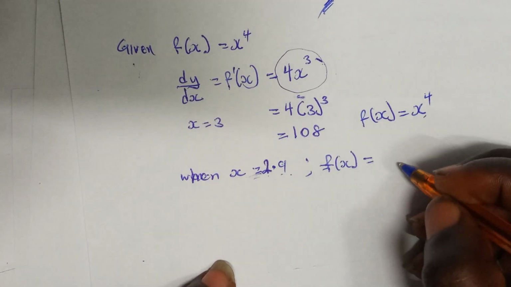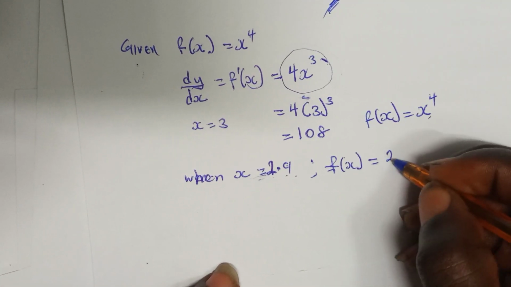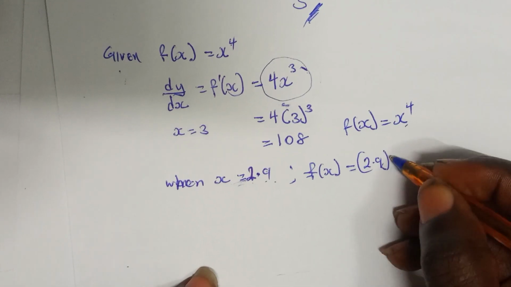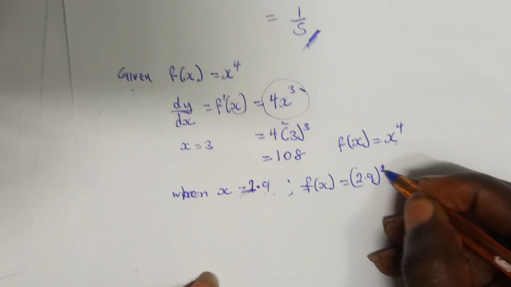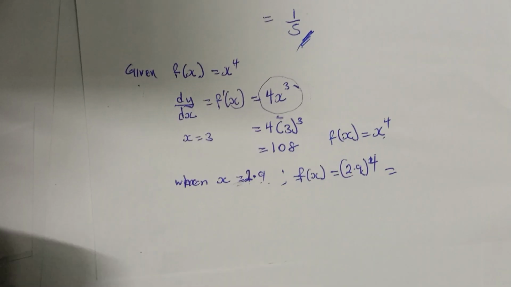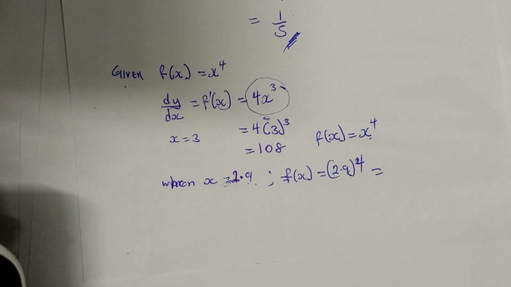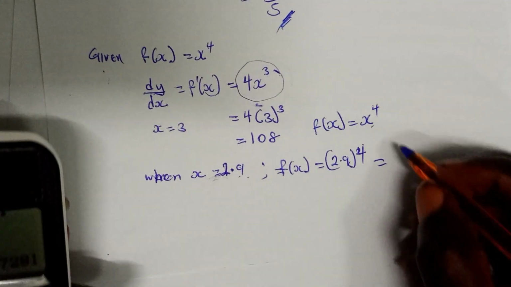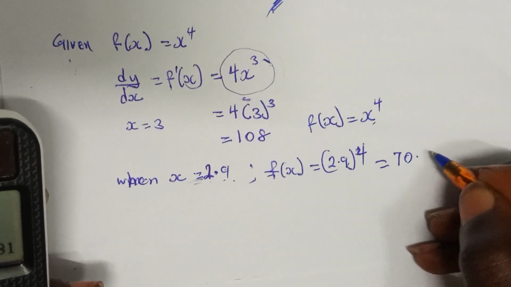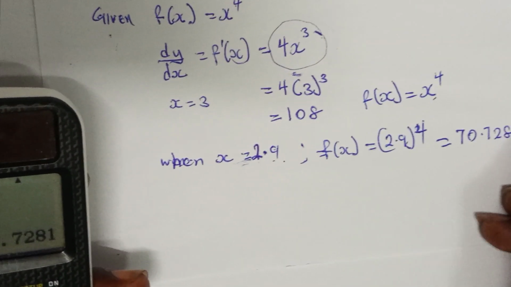So we are going to get 2.9 exponent 4, which gives us 70.7281.